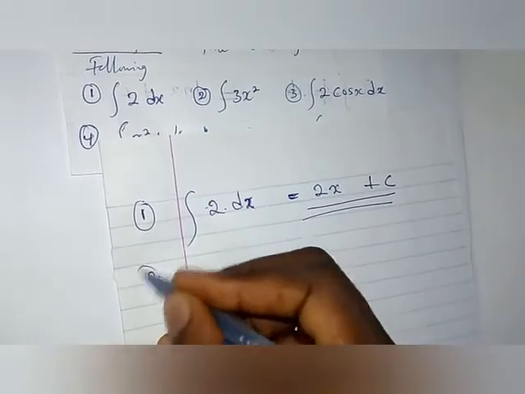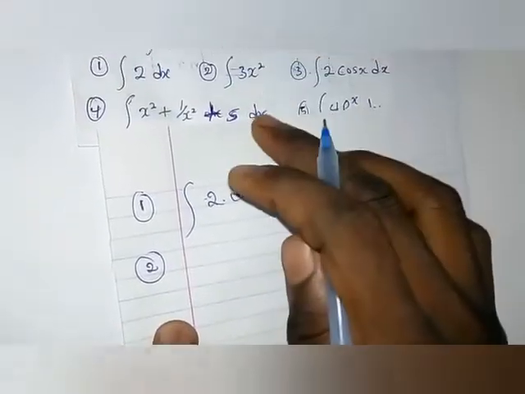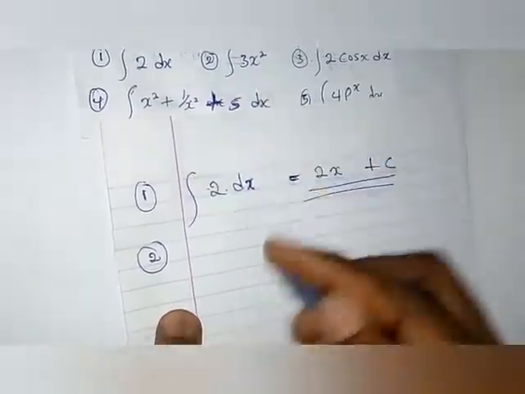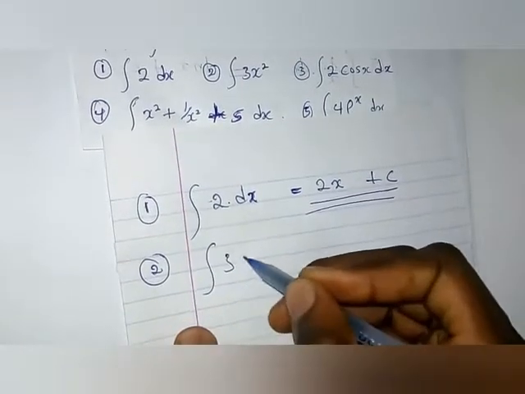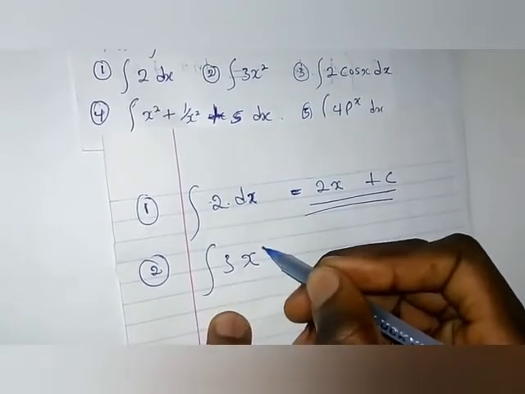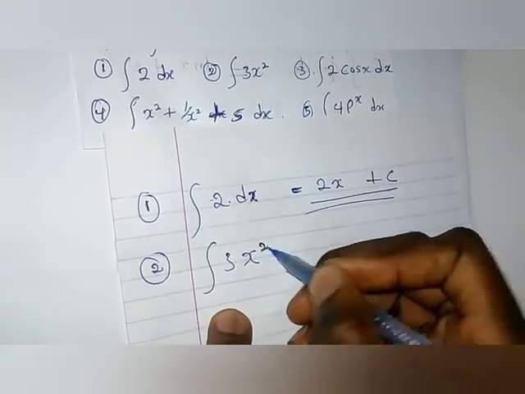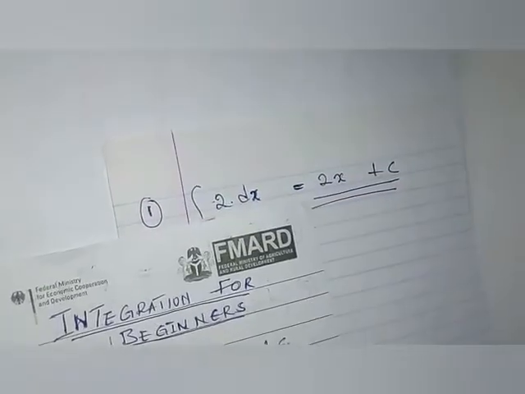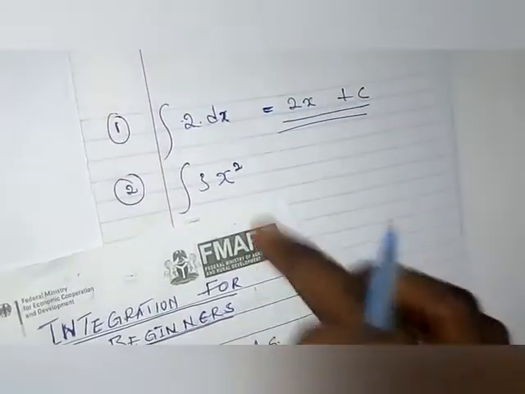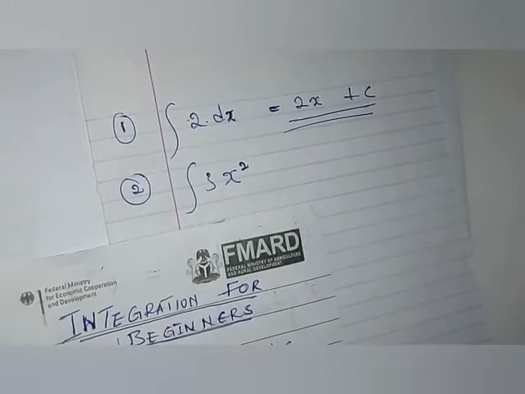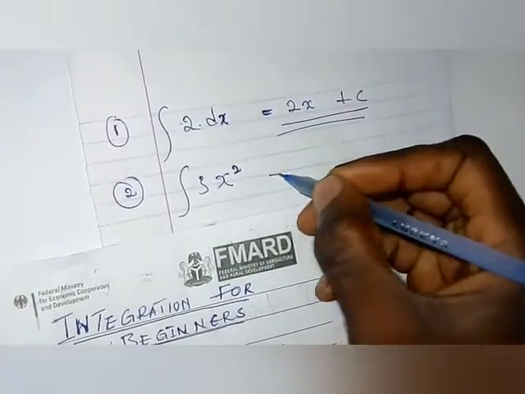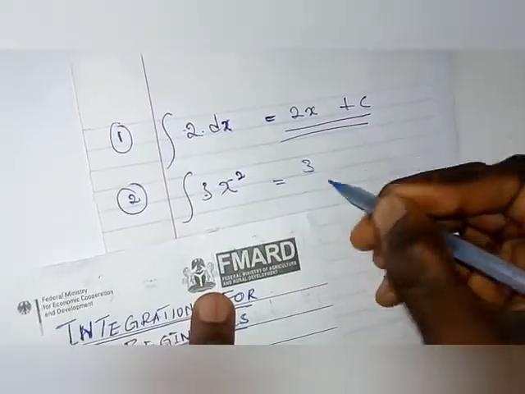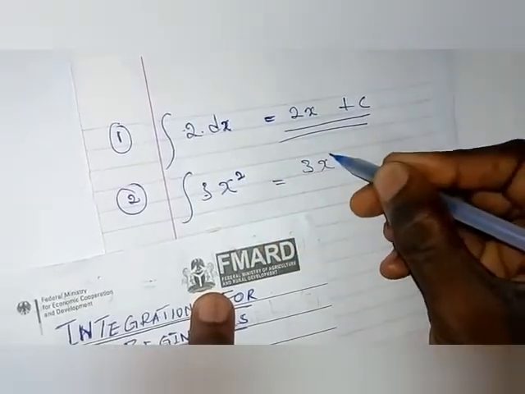So we have number 2. The question is the integral of 3x square. Follow the method here. So here we just bring your constant, then bring your x.